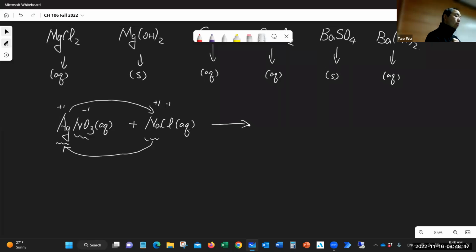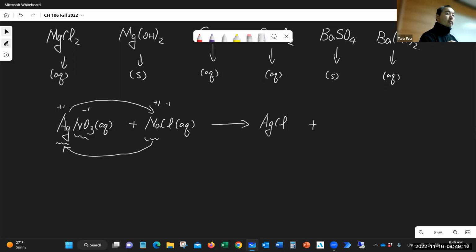Silver is combining with chloride: this is +1 and this is -1, so those two match together perfectly. We just write AgCl. So this is one of the products.